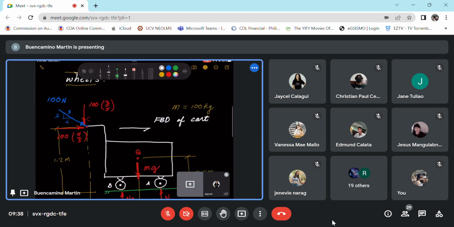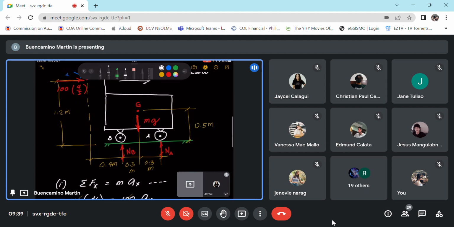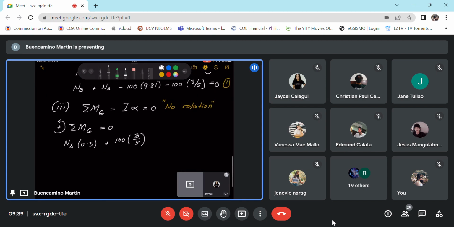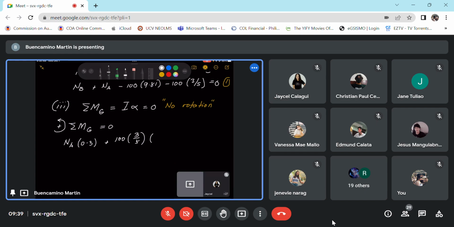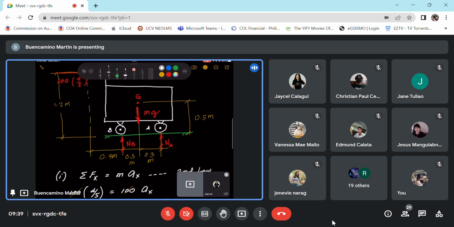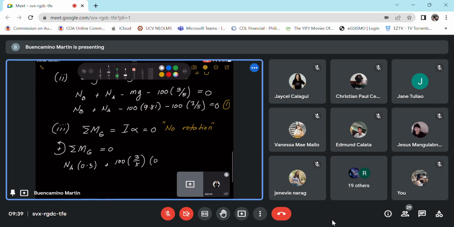And it has a distance of 0.7. That would be 0.4 plus 0.3, is 0.7.